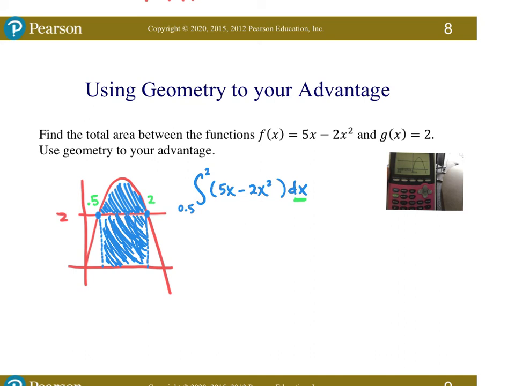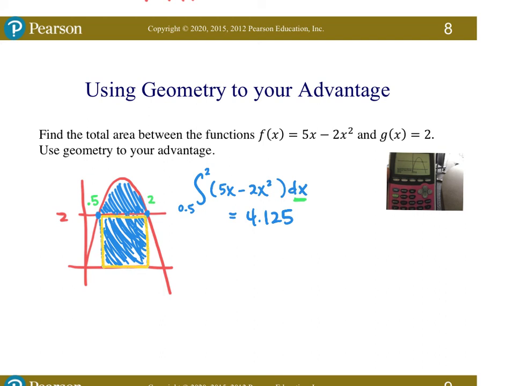So I'll do a quick math 9 on that one. I'll go from 0.5 to 2. And that gives me 4.125. Now where I'm going to use geometry is I'm going to erase or delete or subtract this rectangular area here.